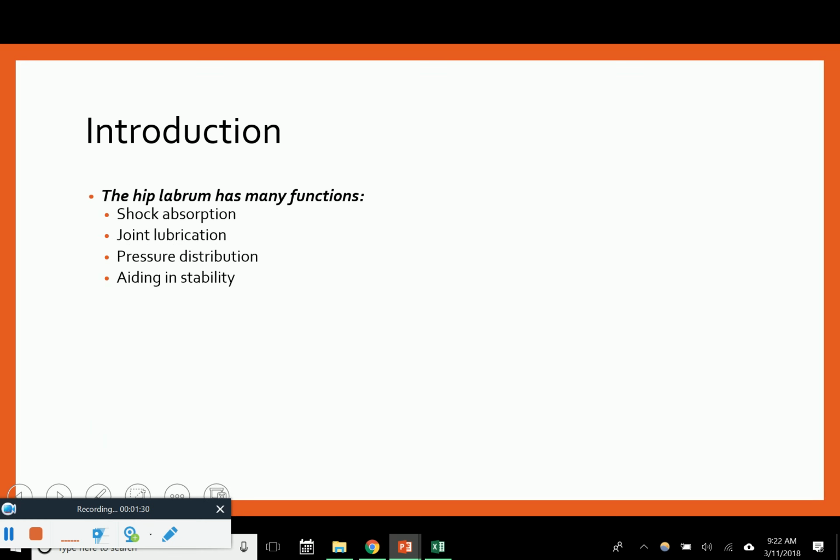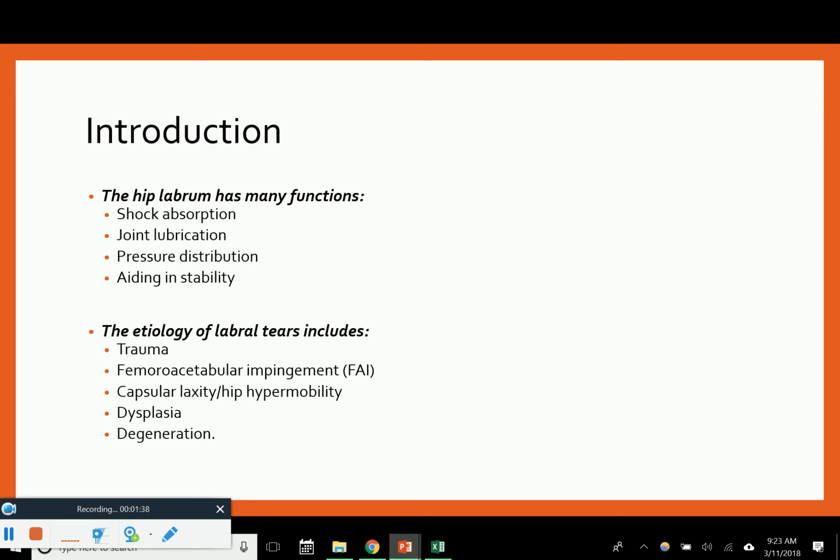So introduction. The hip labrum has many functions. It's involved in shock absorption, joint lubrication, pressure distribution, and aiding in stability. The etiology of labral tears includes trauma, femoroacetabular impingement, also known as FAI, capsular laxity or hip hypermobility, dysplasia, and of course, over time, degeneration.